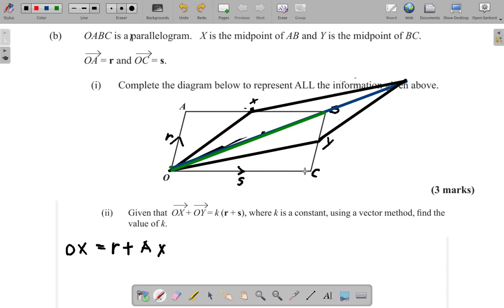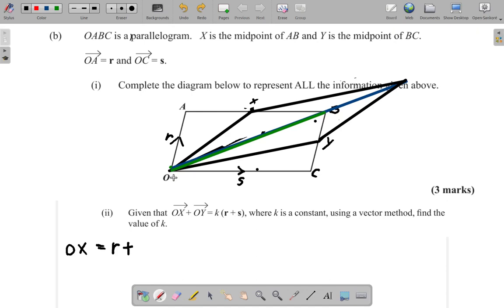AB is OC, and S would be that. So AB is like S. Going half AB is like going half S. I don't have the space to write all of that, so I'm just going to erase that part and rewrite it.